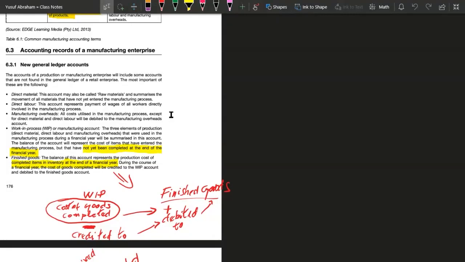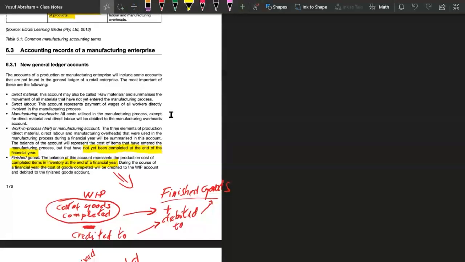This ledger for the manufacturing overhead will include all the costs utilized in the manufacturing process, except the direct. So we understand that manufacturing overhead deals with the indirect. We understand that.